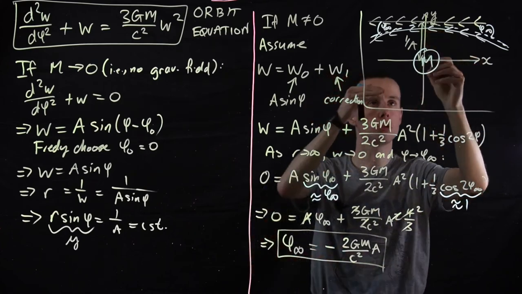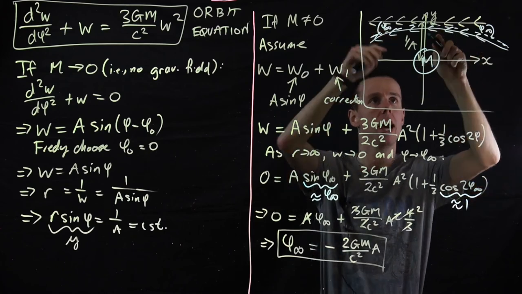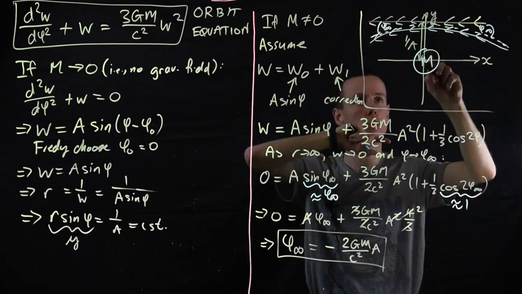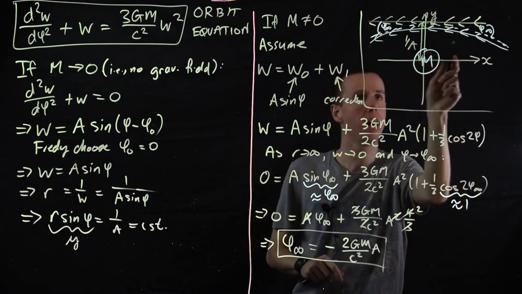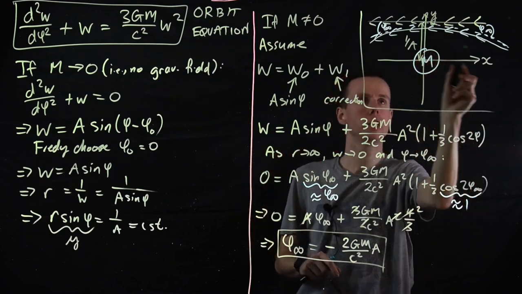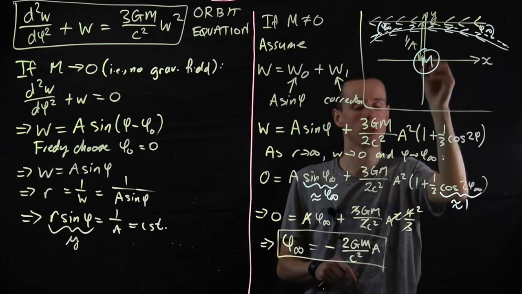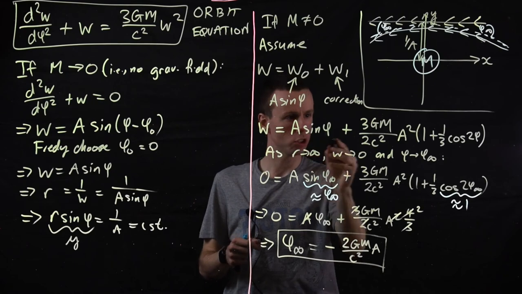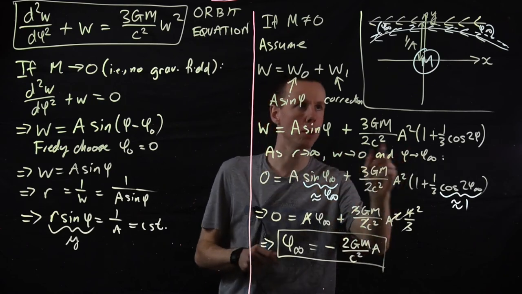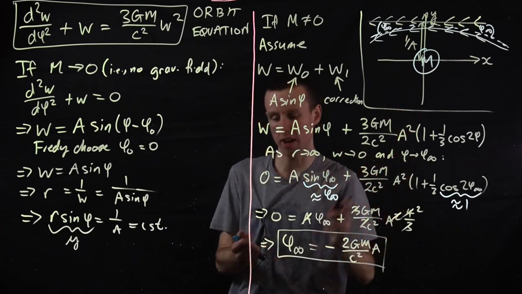When you switch on the gravitational field, the distance of closest approach gets a little bit less. But it still happens on the y-axis here, so it still happens at phi equals pi over 2. So we can try to find the value of w, or the value of r, when phi equals pi over 2.